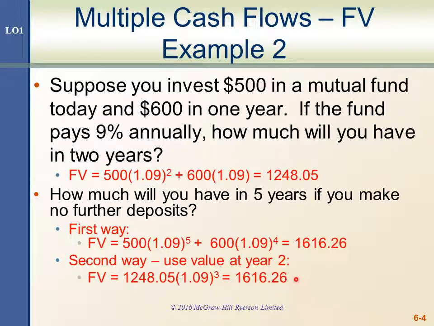When I do that, I get $1,616.26, which is the same answer, which drives home a really important point. When we're talking about moving cash flows around in time, it really doesn't matter what approach you take. As long as you do the calculations correctly, you will get the same answer.